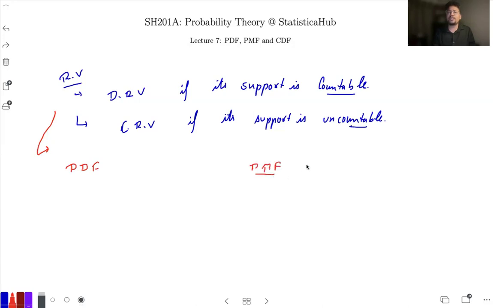PMF means probability mass function, and PDF means probability density function. So technically, for discrete random variables, we define the probability mass function. For continuous random variables, we define the probability density function.